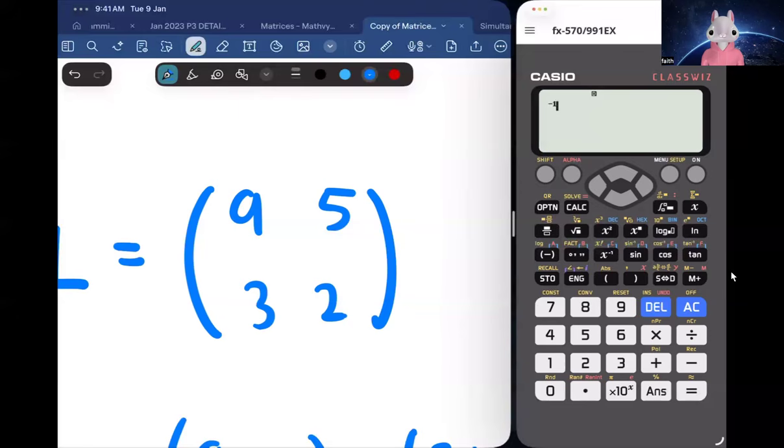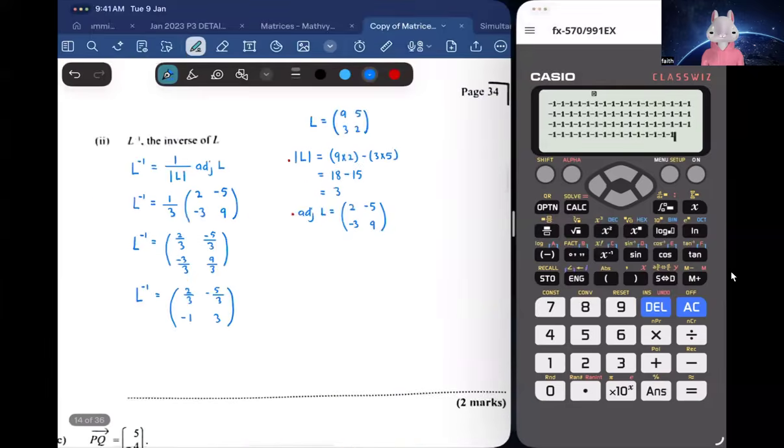I'm pressing it a bunch of times right now. All right, so when you see Mat A pop up on the screen, just press x to the power minus 1. I got it. Did you get this as the answer?